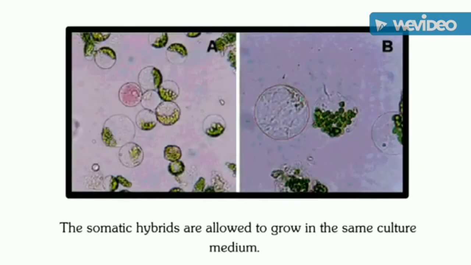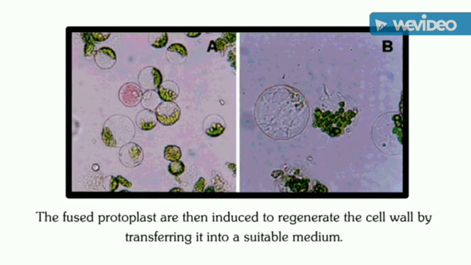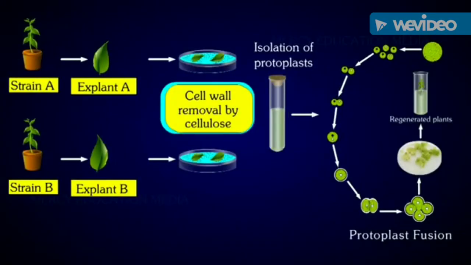The somatic hybrids are allowed to grow in the same culture medium. The fused protoplasts are then induced to regenerate the cell wall by transferring them into a suitable medium. This is followed by callus formation, which leads to regeneration and organization of tissues.